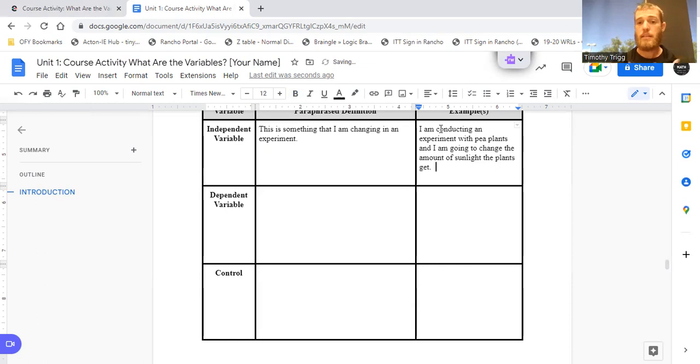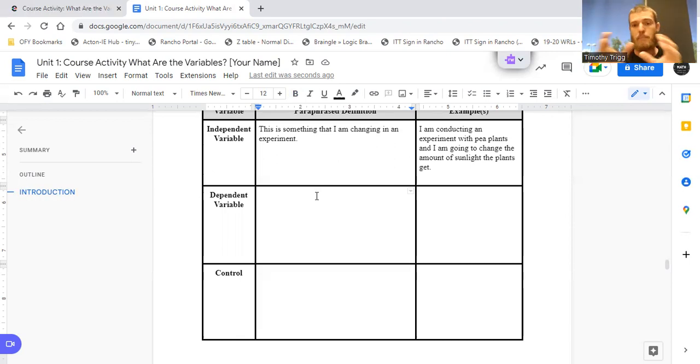So in this example of an independent variable, the thing I'm changing or varying is the amount of sunlight that these plants are getting. Once I'm altering that thing, I want to see how those plants are changing, so how much they are growing or how big they've gotten. A dependent variable is something I'm measuring.